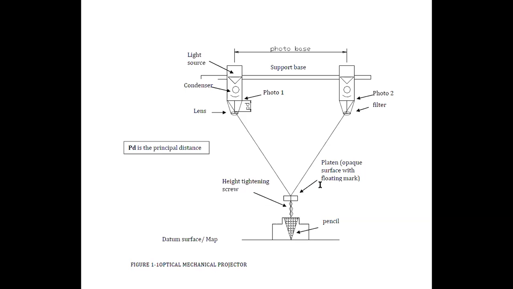Or we can also look at it in terms of rigorous or approximate solution instruments. If it's rigorous, then it's more accurate. If it is an approximate instrument, then we are talking about something like the stereoscope, which we touched on in Photogrammetry 1.